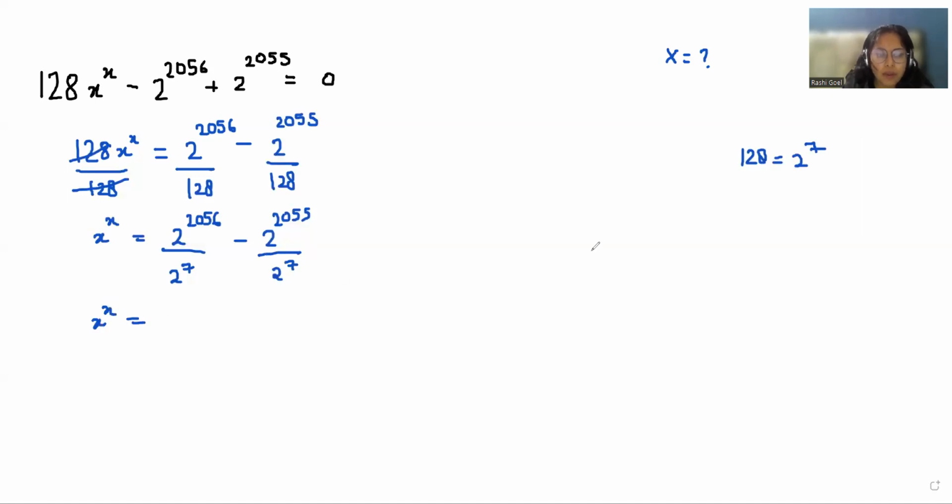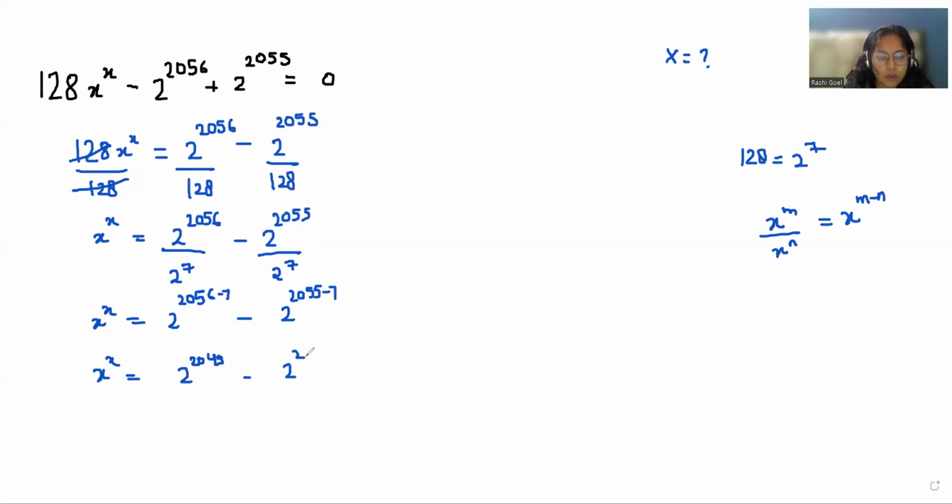Now according to the exponent rule, x^m / x^n can be written as x^(m−n). So we can write it as 2^(2056−7) − 2^(2055−7). So x^x is equal to 2^2049 − 2^2048.